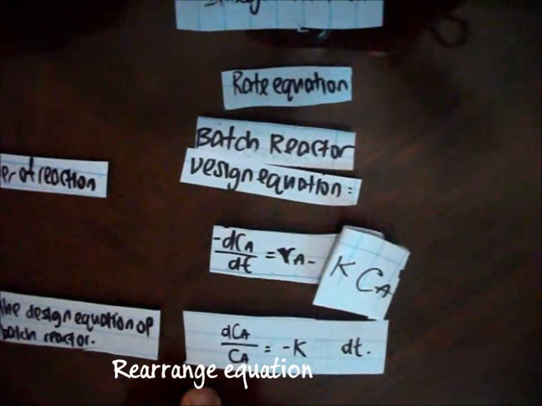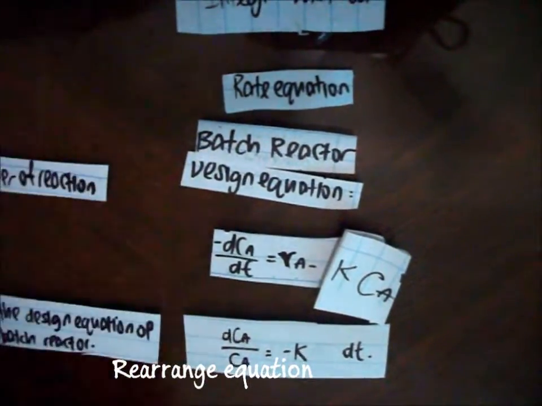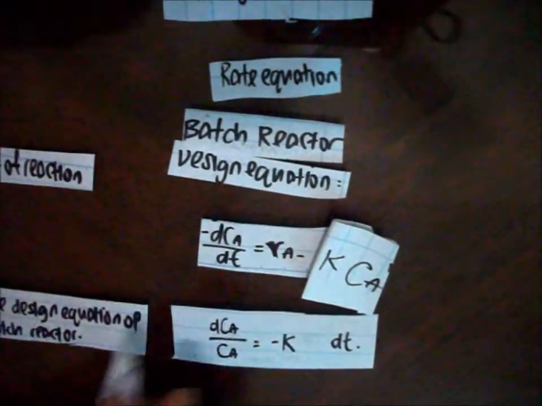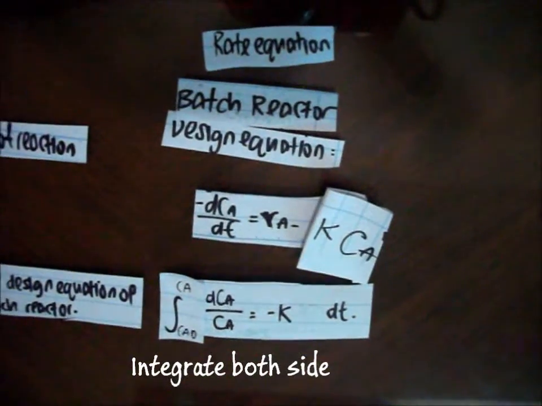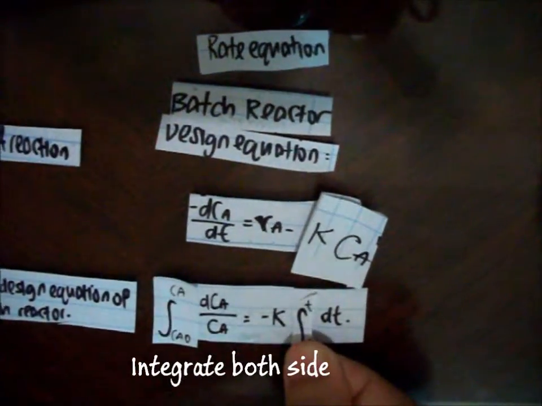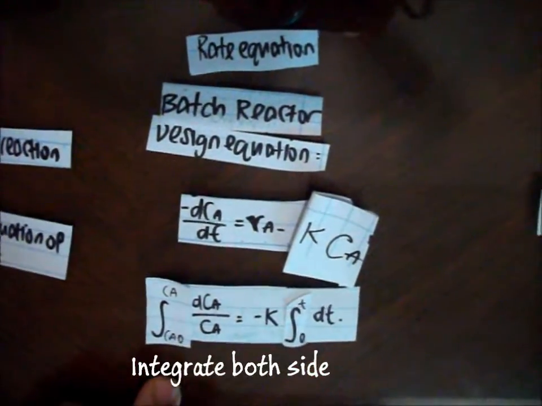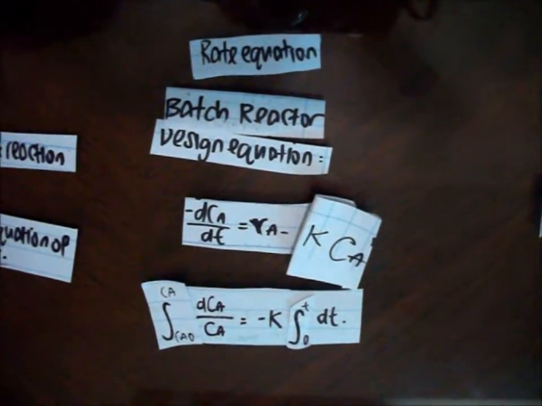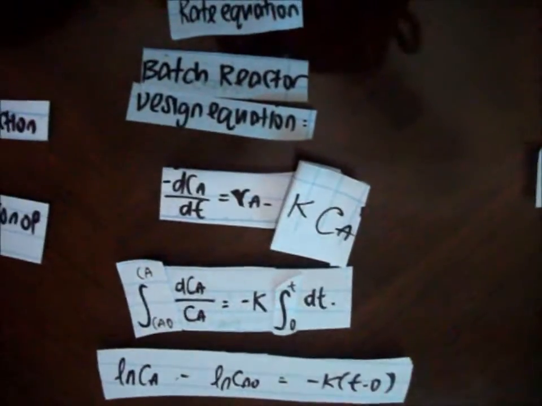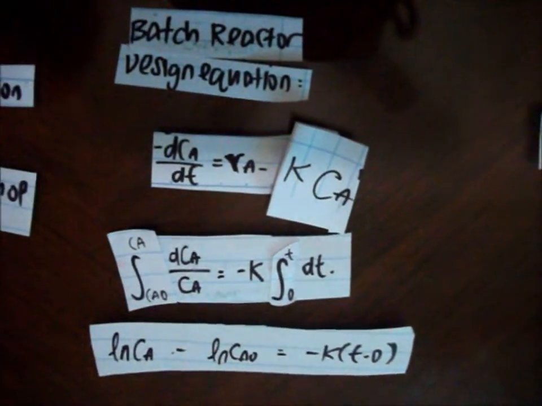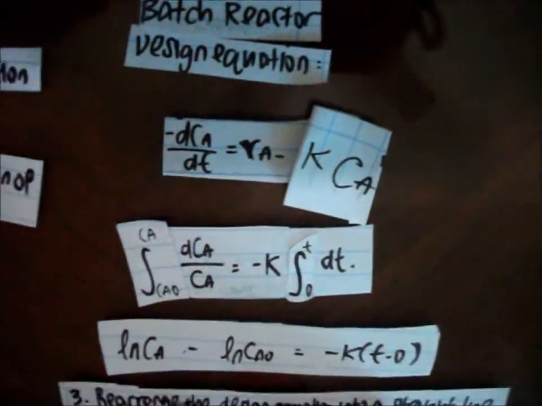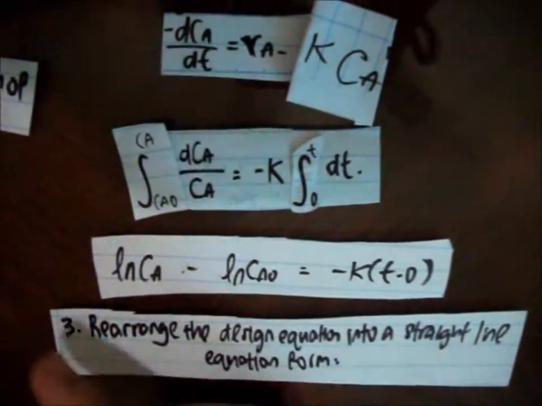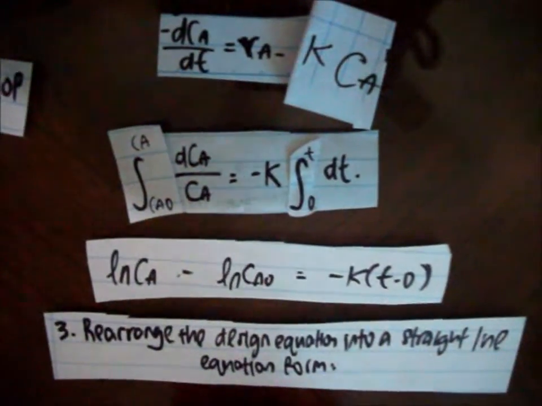By means of the integral method, we will do some integration on this equation. We integrate it by adding in the integral signs, then we do the maths and integrate this equation, and then we will get this. This is the third step, where we rearrange the desired equation into a straight line equation form.